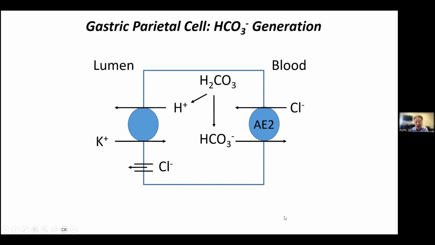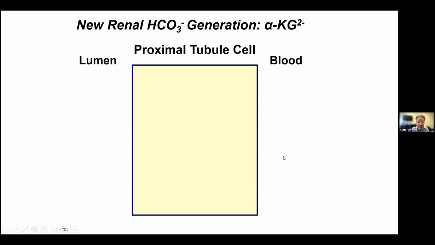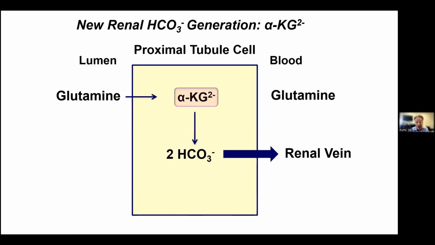But if you have a situation where you're volume depleted and your proximal tubule is hyperabsorbing bicarbonate, or you have ESRD and you can't even filter it, then you're just going to have this elevate your blood bicarbonate to a higher extent. And then remember also why ESRD causes a metabolic acidosis.